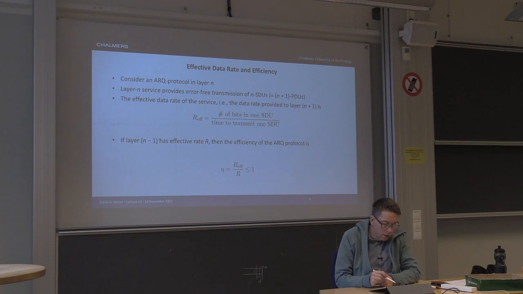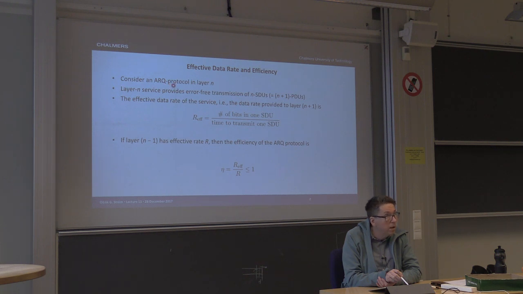Okay, so again, let me remind us about the situation. We have an ARQ protocol, and protocols live in layers. So suppose this is in layer N, and ARQ protocols could actually be in different layers, and there are reasons for this. But suppose that this one happens to be in the nth layer.